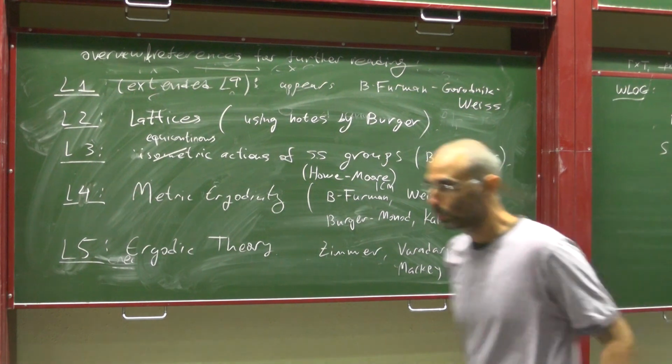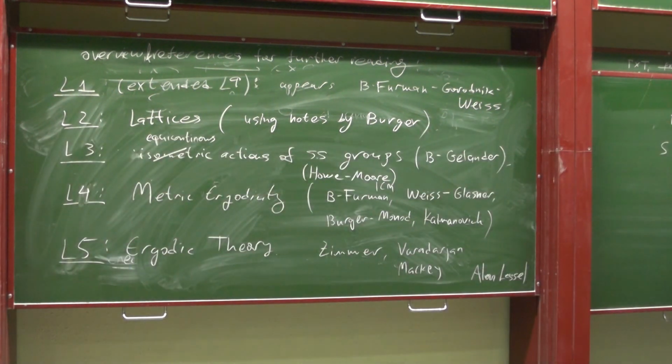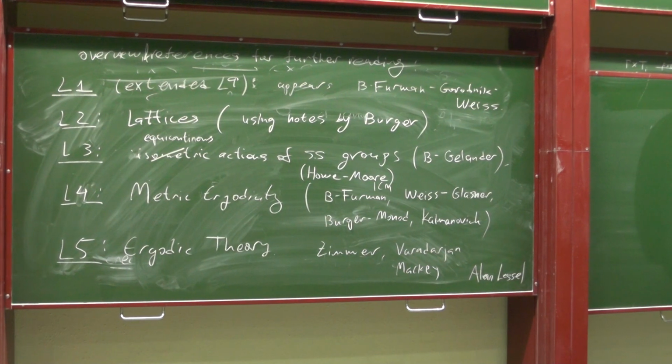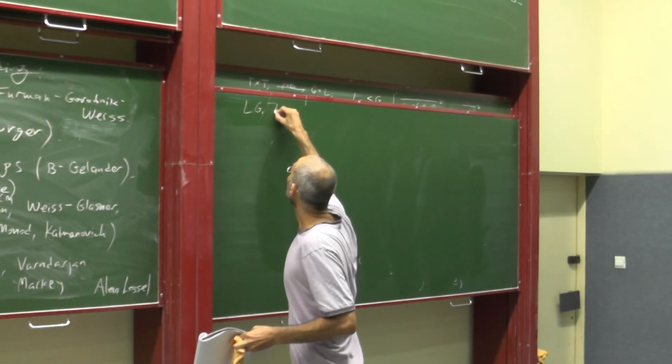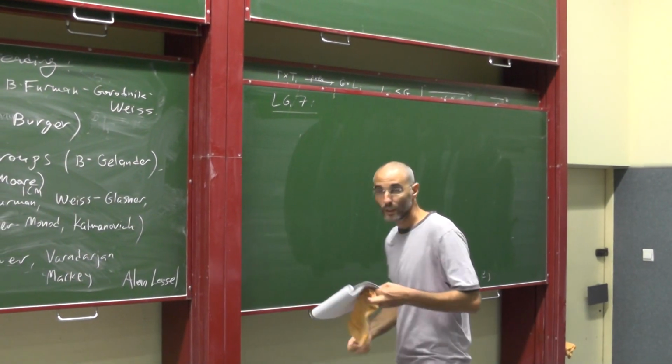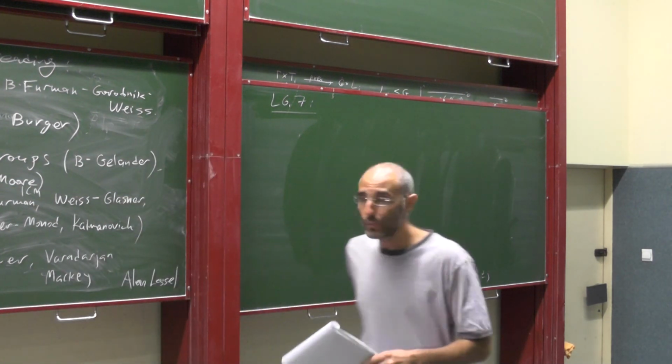Okay, I want to proceed fast. We are nearing the end, I think. So 6 and 7, well, this was algebraic geometry and a view into algebraic group theory.